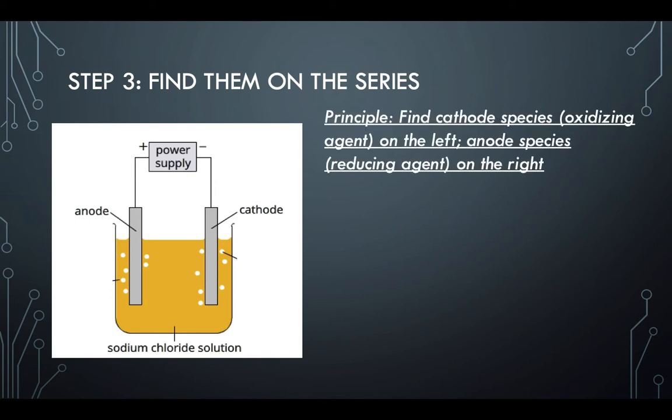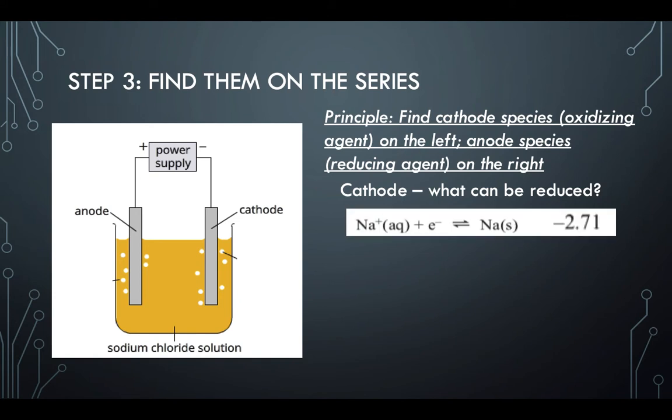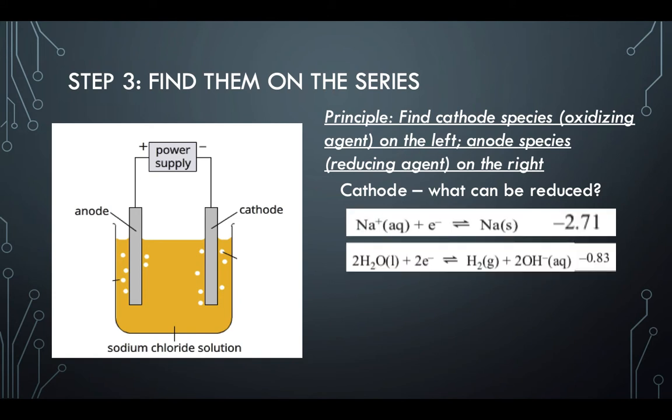Okay. So since water is always there, our competition starts. So how do they compete? The cathode species are found on the left-hand side, and the anode species are found on the right-hand side. So cathode, what can be reduced? The two species are water and sodium cation. Can you find both species on the left-hand side of your data book? Yes, you can. Okay. On the anode, you're looking on the right.